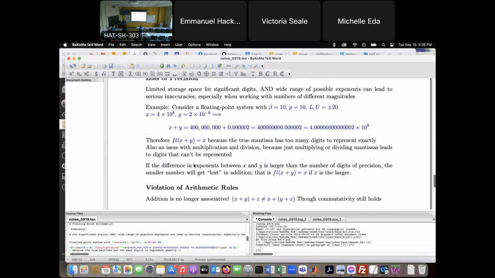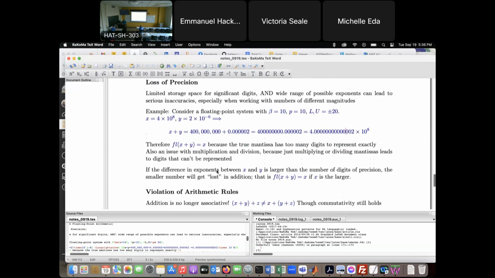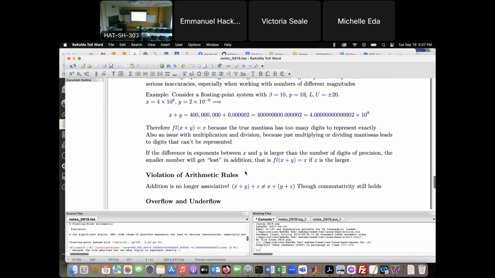If the difference in exponents, in this case 8 versus minus 6, the exponents differ by 14, which is greater than the precision. Anytime that happens, you are going to have some digits lost. Okay, so that's one problem, loss of information.